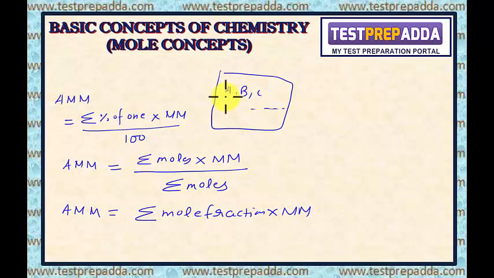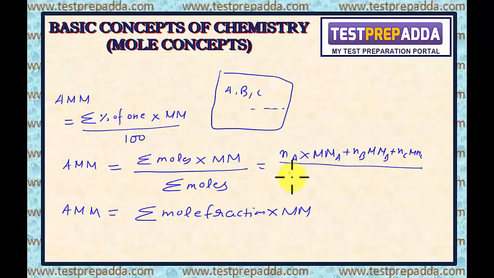So if there are three compounds A, B and C, I will say this as moles of A into molecular mass of A plus moles of B into molecular mass of B plus moles of C into molecular mass of C, upon total moles, meaning Na plus Nb plus Nc. Is my point clear?